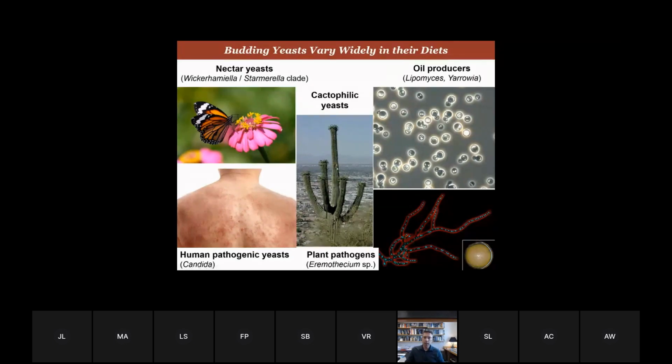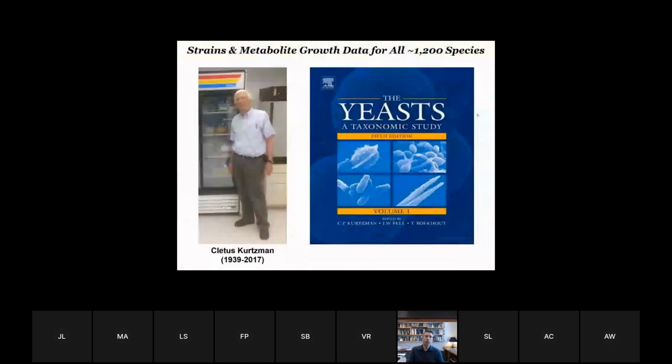And so that's another ecological niche. We have organisms such as Eremothecium, which is a known plant pathogen. I've already introduced Candida, and you're familiar with them as human pathogens. And then there are species that are oil producers like Lipomyces and Yarrowia, and they're of great interest to the biotech and biofuels industry. And so quite a lot of diversity.